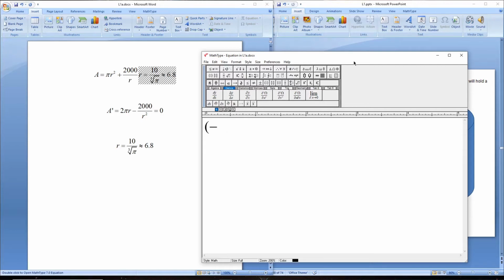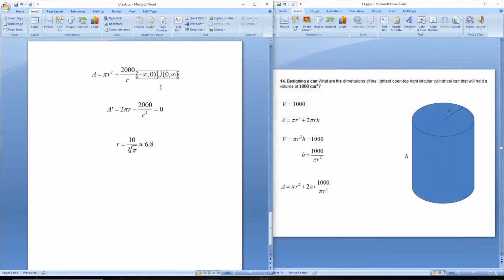So that means our domain will be from minus infinity to 0, and then 0 to infinity. And that is our mathematical domain.